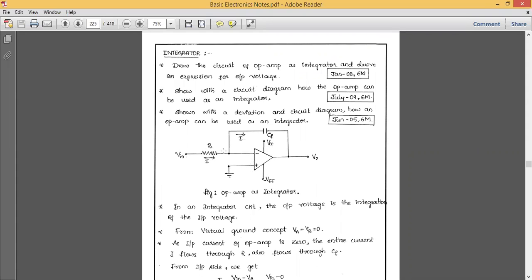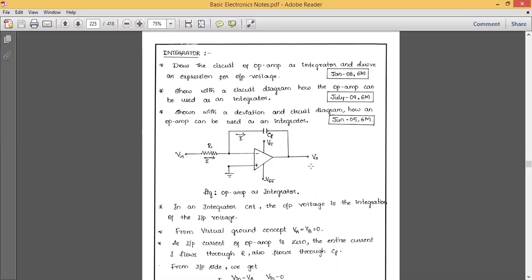The basic elements of the integrator circuit consist of an op-amp, a feedback capacitor represented by Cf, and an input resistance R1. When we apply an input voltage Vin to the inverting terminal of op-amp, an output is produced.